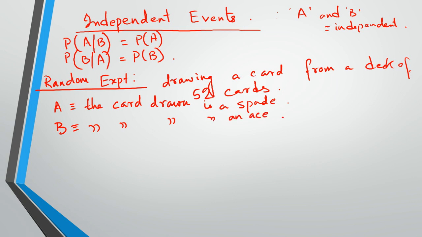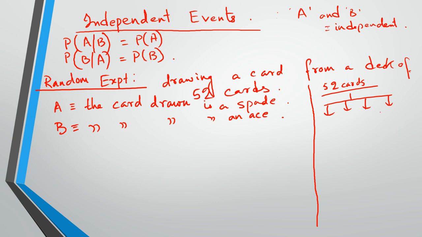For those of you who don't play cards or haven't played cards at all, let me give a very brief idea of how cards look. A deck always has 52 cards in total, and they are divided into four sets.